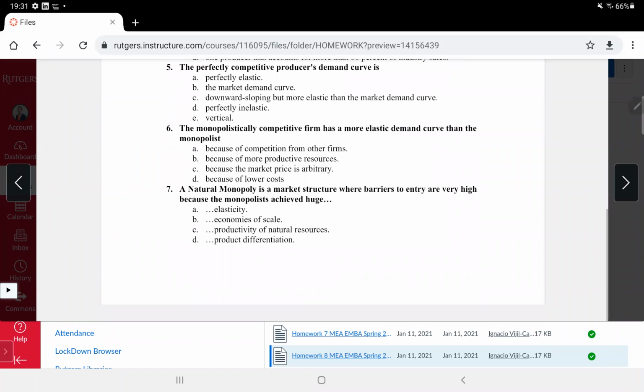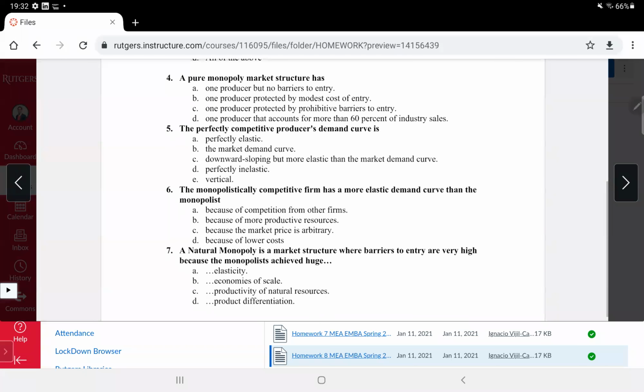Number 6. Wait, now I have a question for you on that one, because it's asking for market structure and not monopoly, is why we choose A, right? Because monopolistic was the one that had low product differentiation, low barriers to entry, but the monopoly, I had written down, it was a high product differentiation, high barriers to entry. Absolutely.